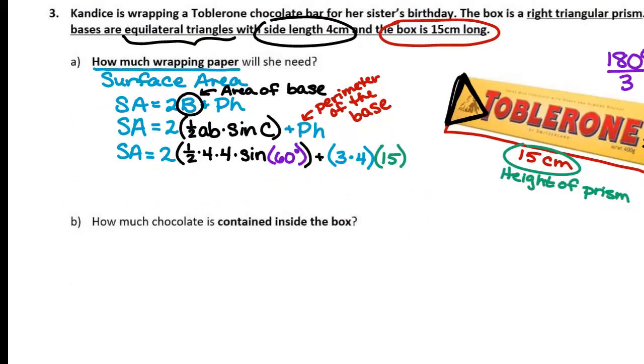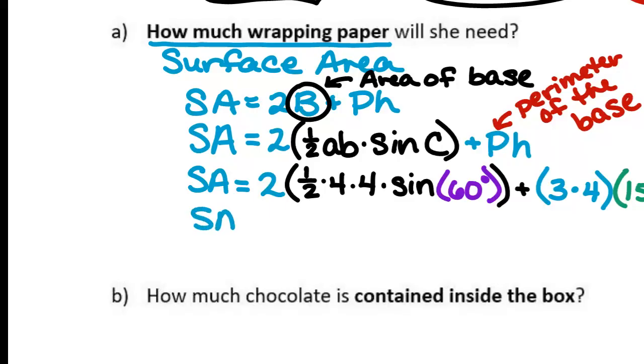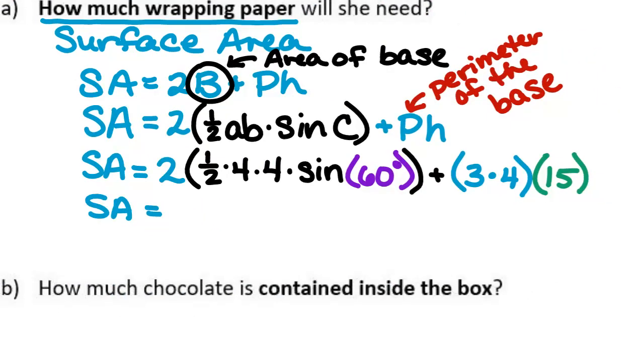All right, so let's calculate this in 2 pieces. I'm going to put just this first part in, the 2 times 1/2 times 4 times 4 times the sine of 60.